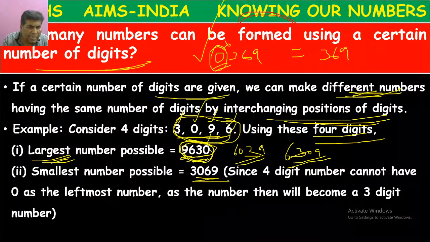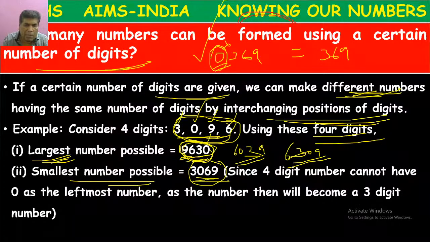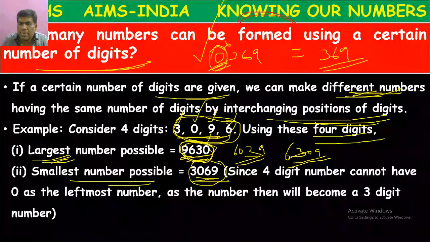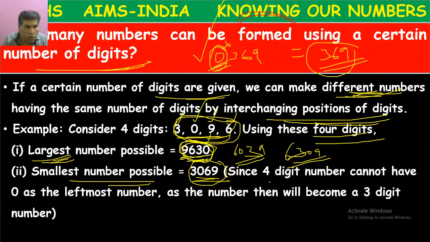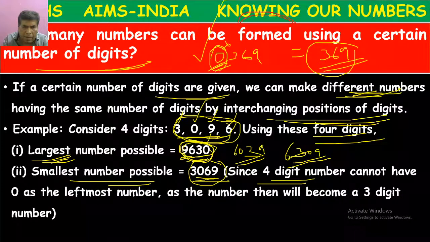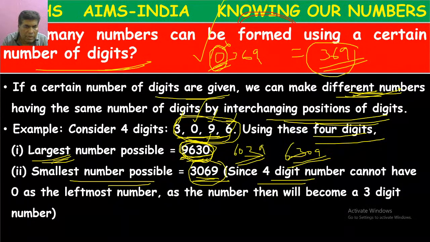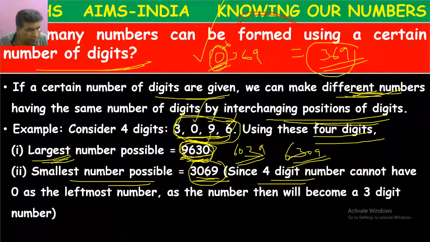We will take the next least digit, 3. After 3, we will keep 0, next 6, next 9. Like this, 3069 is the smallest possible number. If we keep 0 first, it will become the 3-digit number 369, not a 4-digit number. Because if we want a 4-digit number, we should keep 0 after 3.